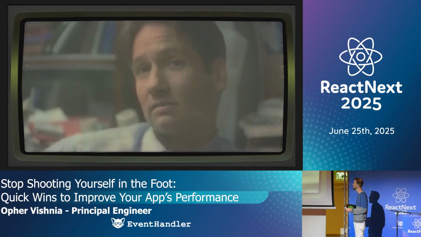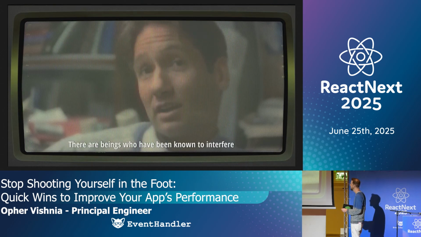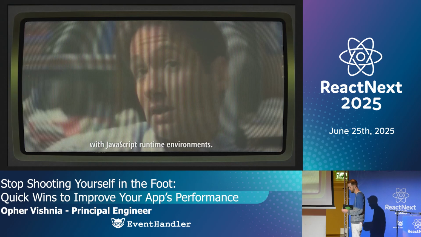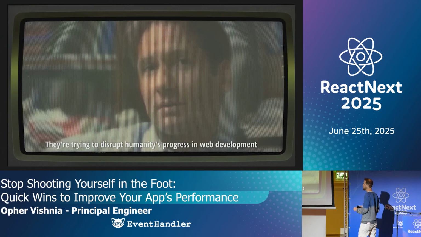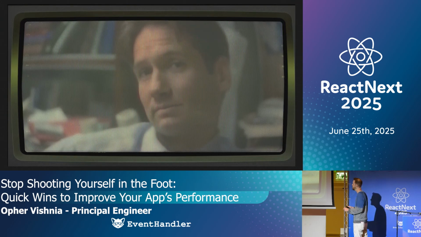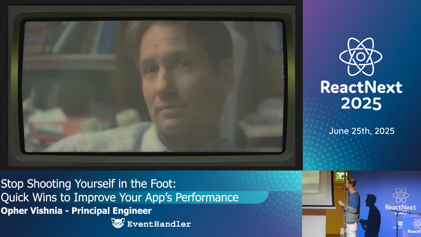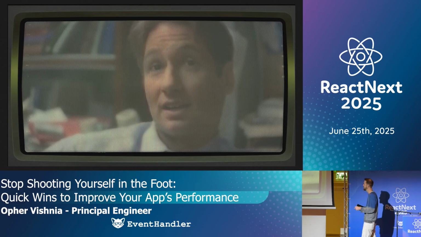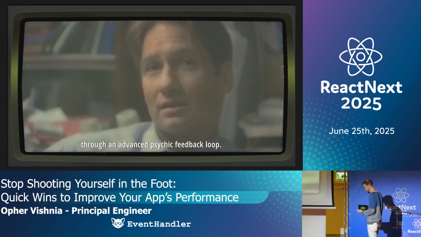You mean like what? There are beings who have been known to interfere with JavaScript runtime environments. They're trying to disrupt humanity's progress in web development to keep us from advancing too quickly. And these beings, how exactly are they messing with React? They're introducing unnecessary re-renders through an advanced psychic feedback loop.